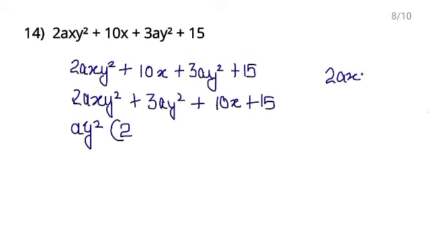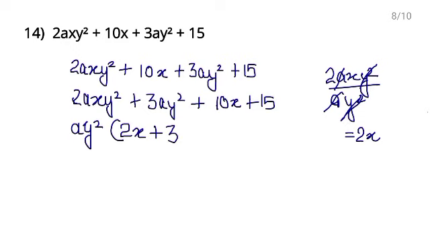If you have 2axy square, you have taken ay square common. a की पावर 1 थी, a की पावर 1 ही आपने कॉमन ले ली. y raised to the power 2 was there and you have taken y raised to the power 2. So what is remaining here? 2x now. So in bracket there will be 2x plus 3ay square was there and you have taken ay square common. So in variable nothing is left in the bracket.